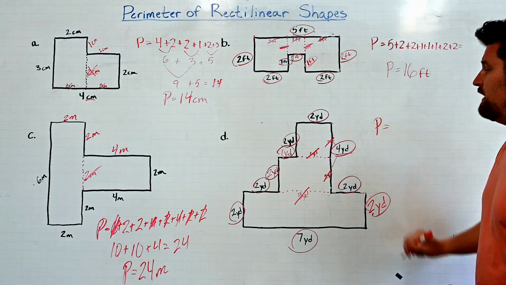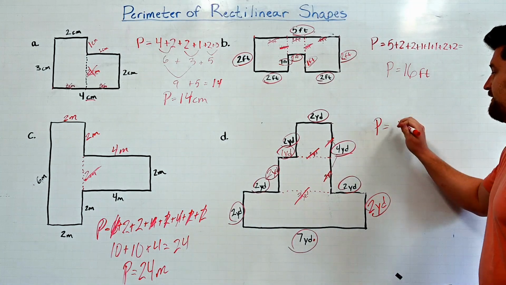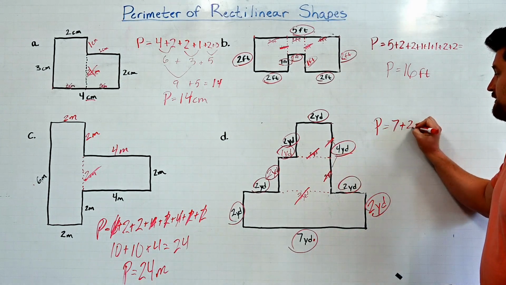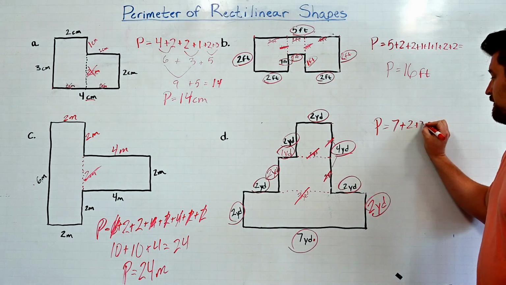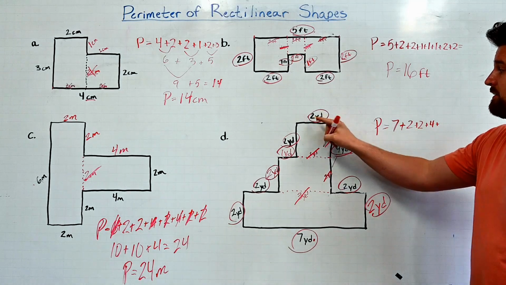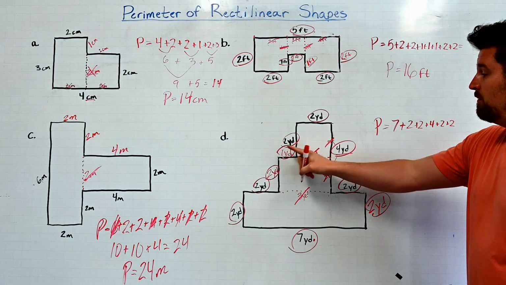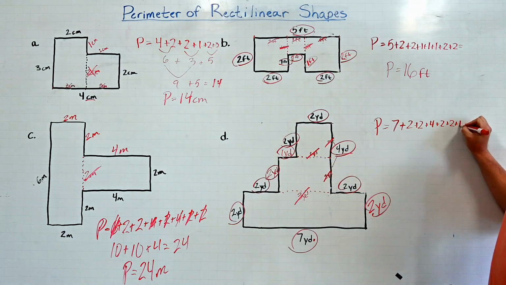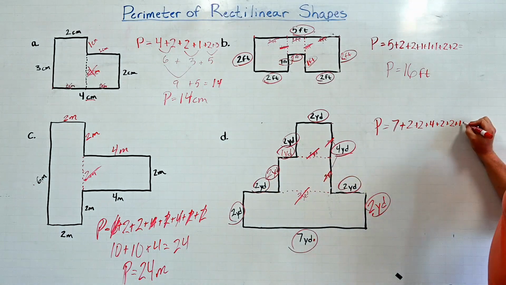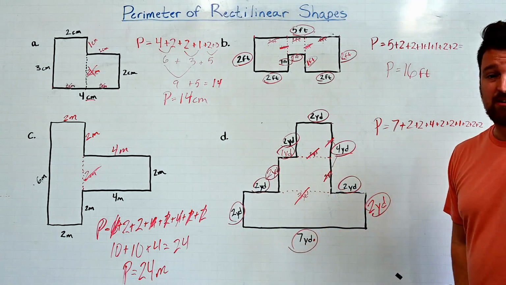So let's say that P equals, and I always like to start at the biggest one. So let's start at 7. 7 plus, I'm going to go this way all the way around. 7 plus 2 plus 2 plus 4 plus 2 more plus 2 plus this 1 plus 2 plus 2 plus 2, and then we're back to our 7.